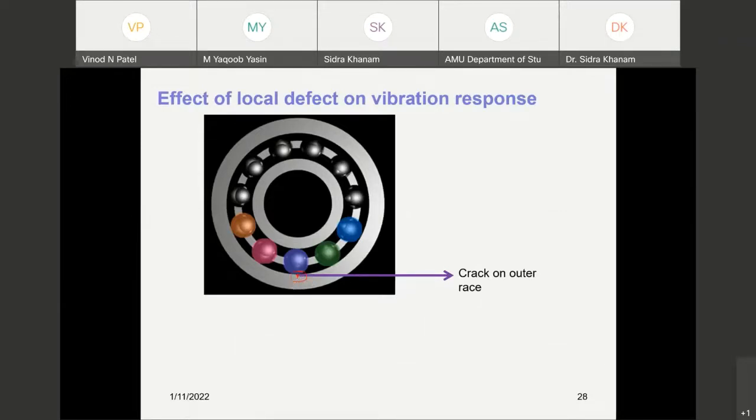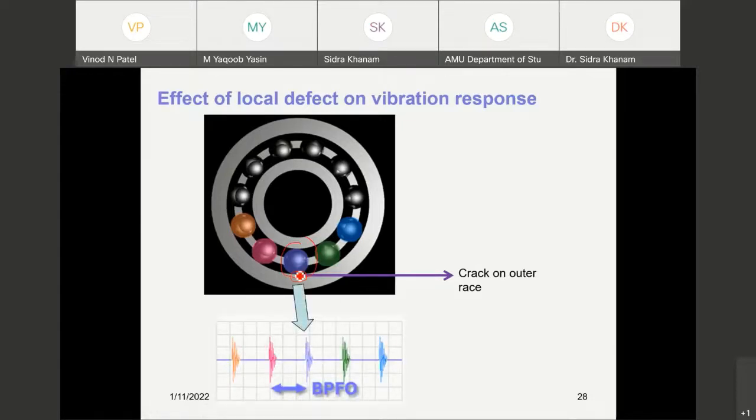As this rolling element comes into contact with this defect, it will generate an impulse. Due to the change in stiffness over here, it creates one kind of impulse. Or in other words, when a ball comes in contact with this defect, it creates one impulse as a part of the impact force.